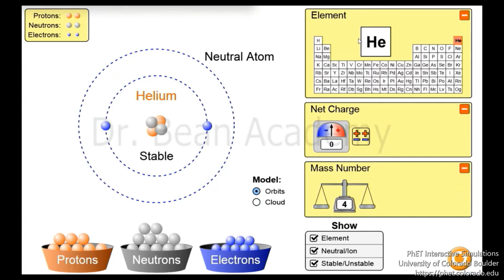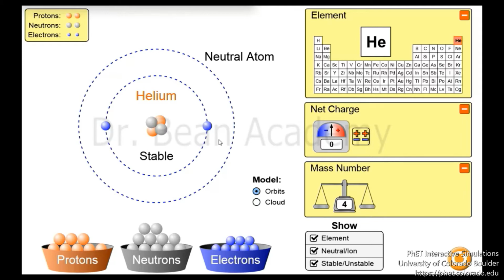This is how these elements are arranged. As the number of protons increases in the nucleus, these atoms are arranged in rows from left to right. That is not a very strict arrangement, but it is a general way the atoms are arranged in the periodic table. So this is a neutral helium atom.